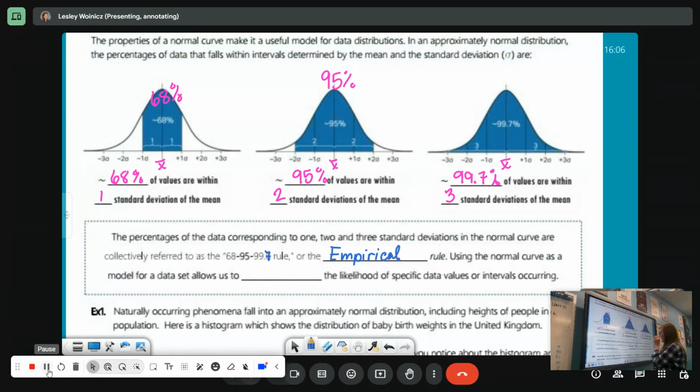Using the normal curve as a model for data allows us to predict the likelihood of specific data values or intervals occurring.